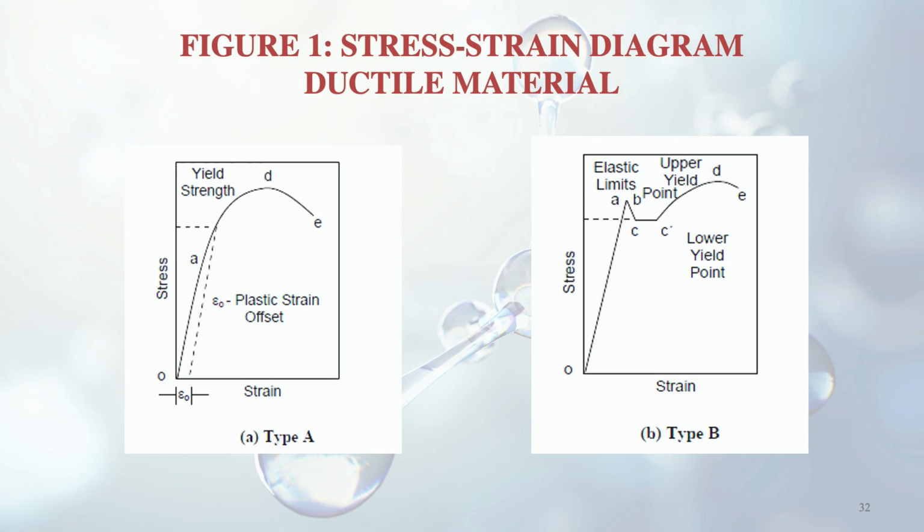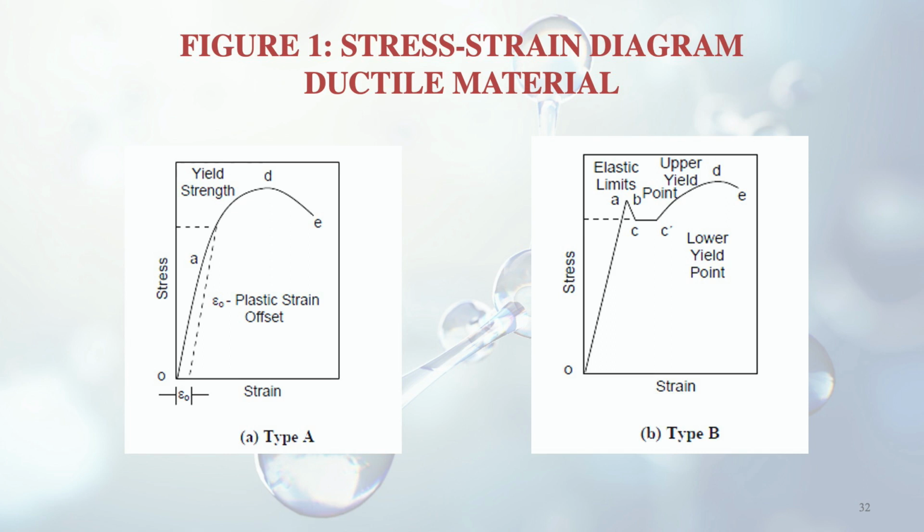You can see in that figure. And after point D is reached, it is the ultimate stress, and thereafter the stress will not increase and it will go down. And as it goes down, it reaches the point E, and this point E is termed as the fracture point. But in this portion from A to D and from D to E, you can see the stress variation is not very high, whereas the strain variation is very high.